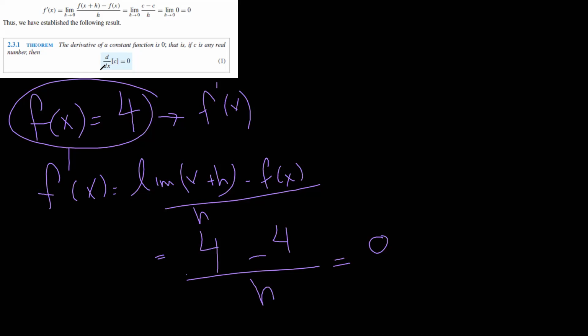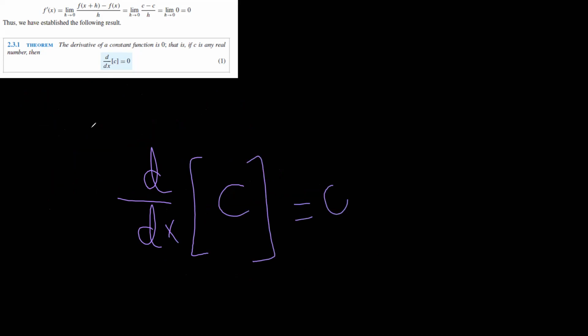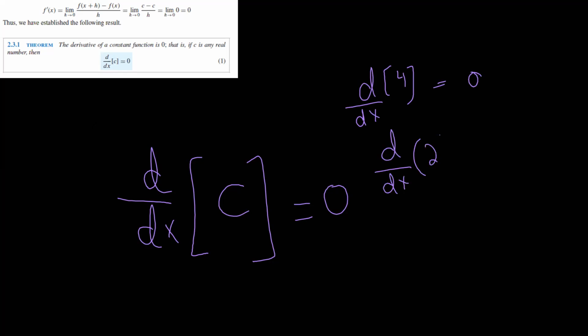Now I will give you a new technique. The derivative of any constant is 0. The derivative of 4 is what? 0. The derivative of 2 is what? Who can tell me? 0.